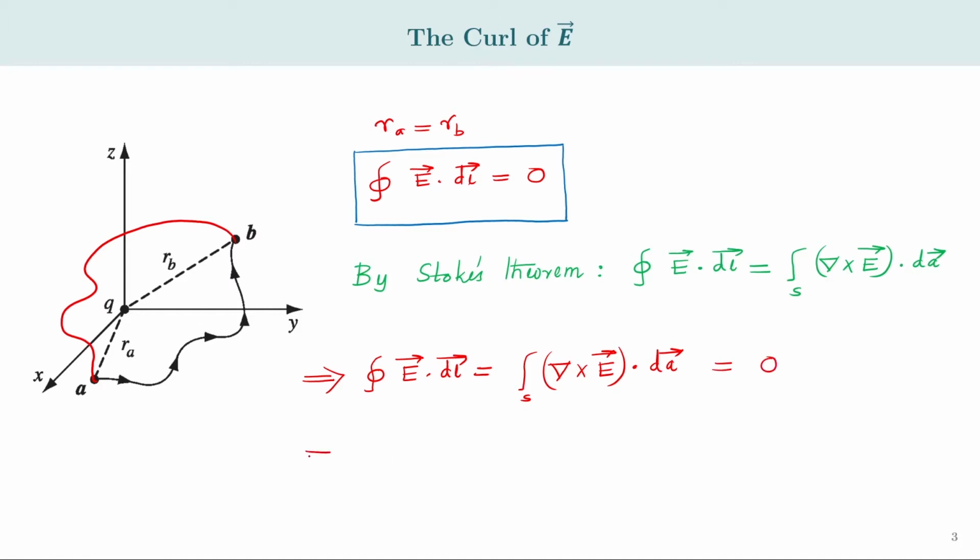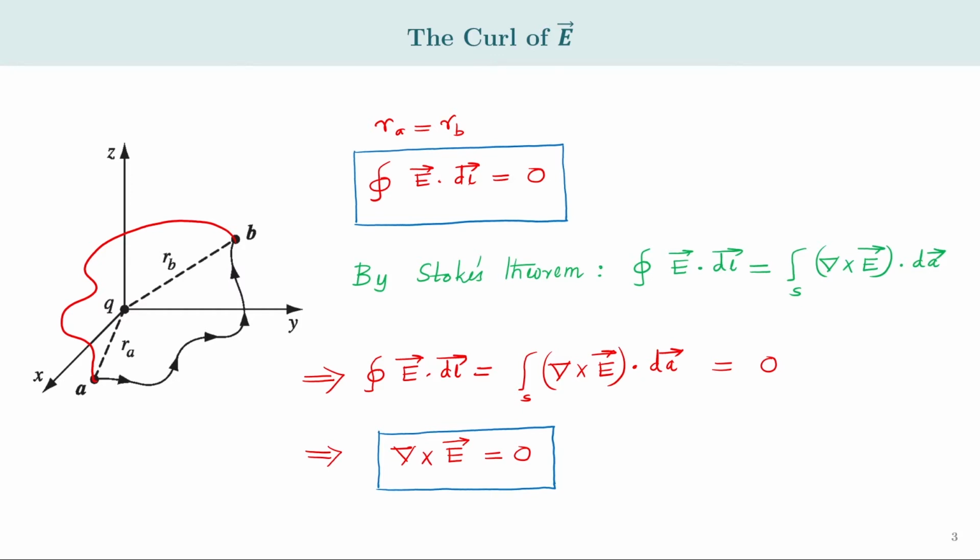And this result gives us del cross E equal to 0. That is, the curl of the electric field is 0.